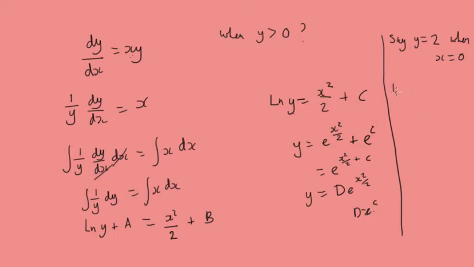So the log of 2 is equal to 0 squared over 2 plus c, and that just gives us c is equal to the log of 2, which we then bring down, and so putting that into our equation, y equals 2e to the x squared over 2. If you back that into this bit here.